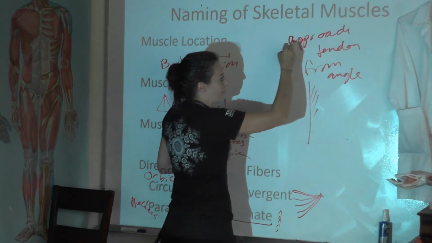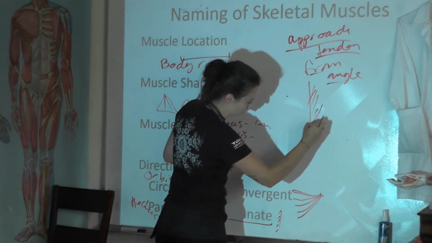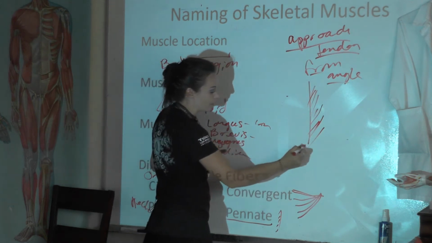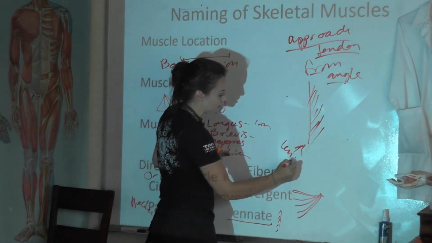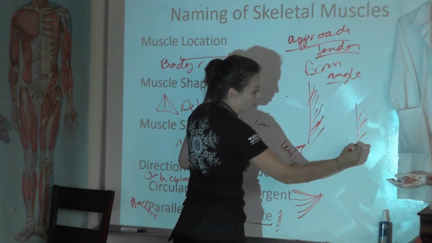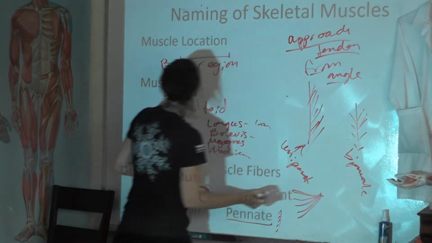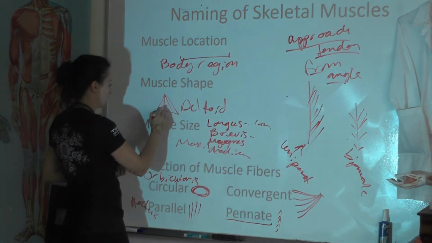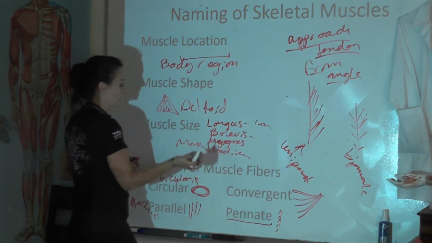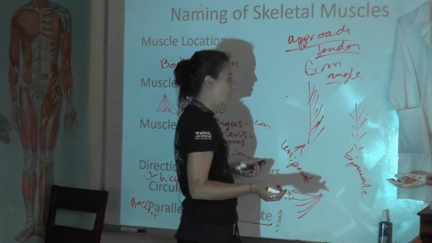So if the fibers in the fascicles approach our tendon from an angle, then we're pennate. If we approach from one angle, it's unipennate. If you approach from two angles, it's bipennate. Or if you're awesome like the deltoid, you approach from many angles, that muscle is multipennate.